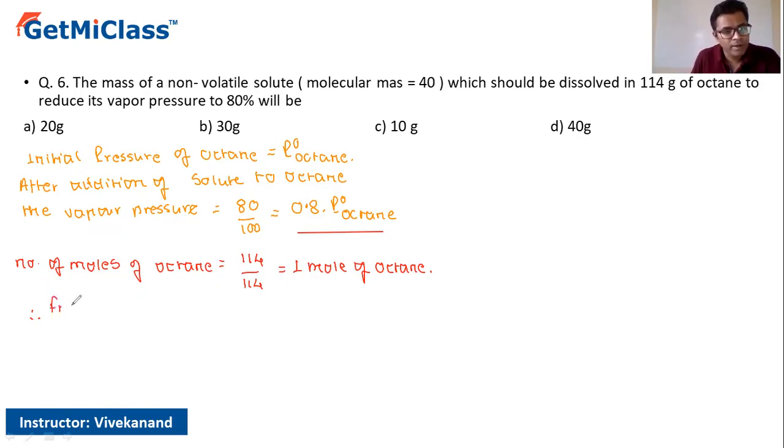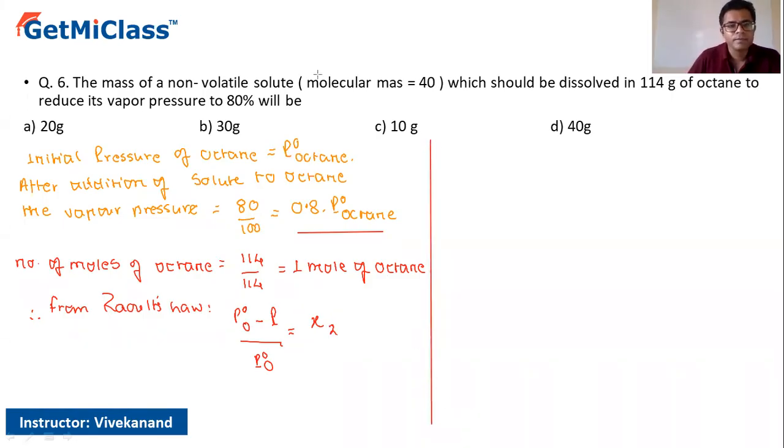Now the next step is using Raoult's law. From Raoult's law, we have the expression: P0 of octane minus P of the solution, divided by P0 of octane, is equal to X2. First, try to understand exactly what X2 is.